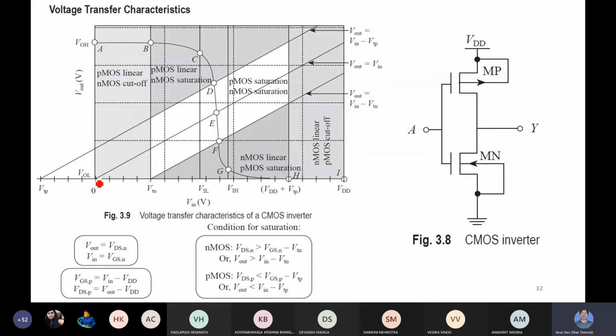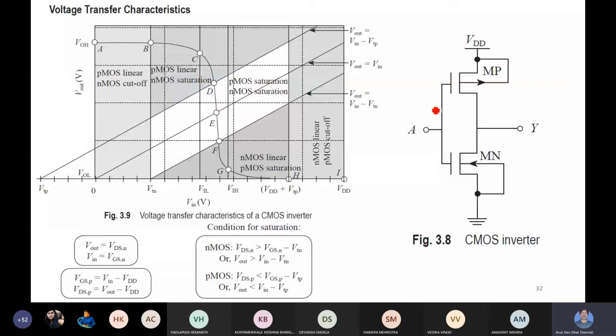After that there are also some conditions, as I have already explained in the previous slide. For the NMOS, V out equal to VDSN. Basically for NMOS, whatever V out you are getting is just equal to the drop between drain and source. The potential difference between gate and source for NMOS is equal to V in, and for the PMOS it is VGSP.